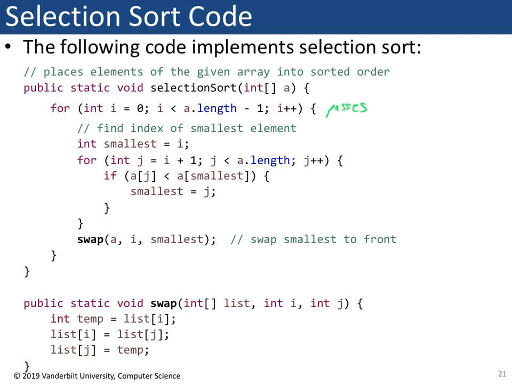So we say for j equals i plus 1. So we initialize our counter inside this nested for loop to be our current selection plus 1.